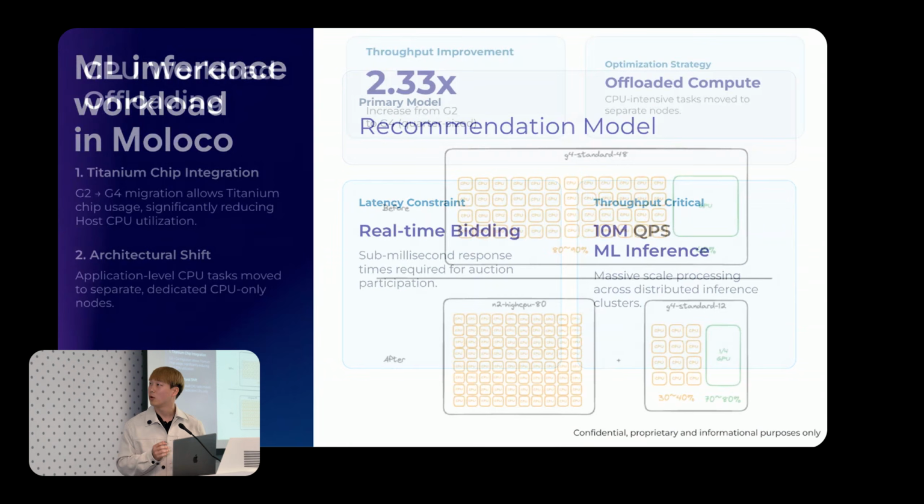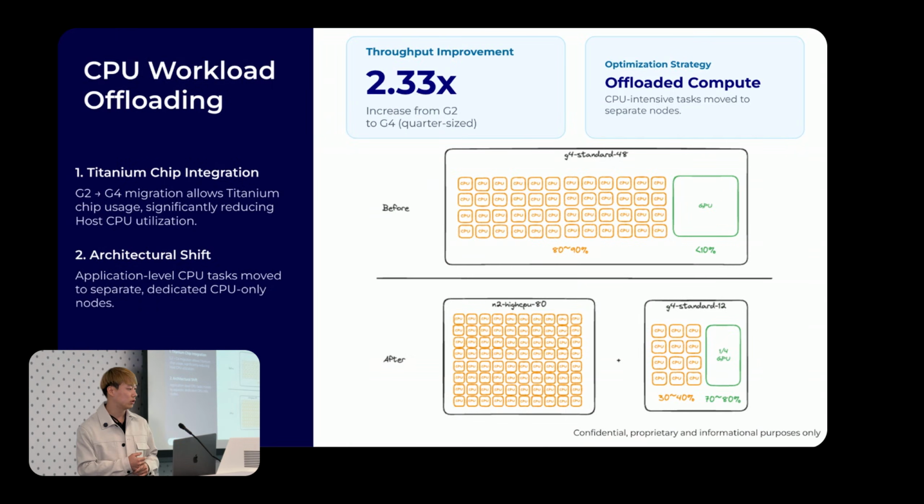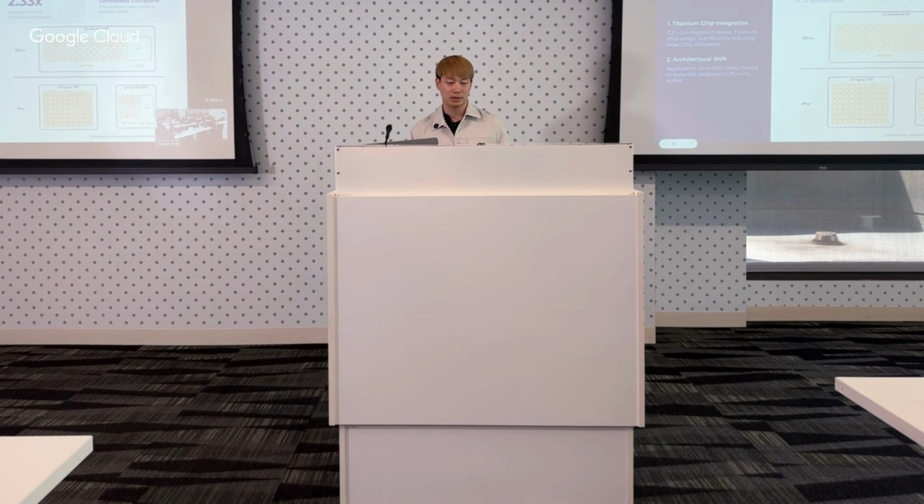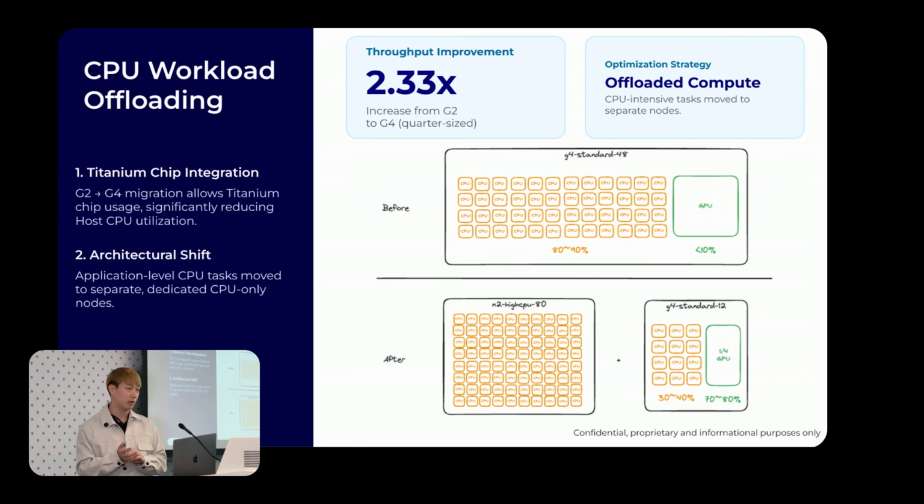How we try to optimize: first, we offloaded the CPU part of the compute outside the GPU node. Previously, in the before section, we had 80 to 90% CPU utilization, which means the compute was bottlenecked by the CPU, so we weren't able to utilize much GPU early on.